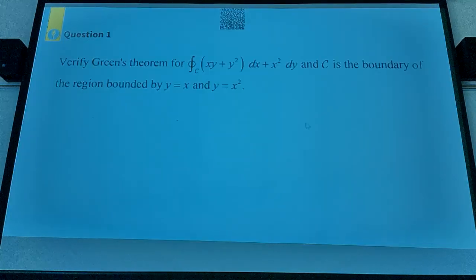So we're going to go ahead and verify Green's theorem. Region, where C is the boundary of the region bounded by x and x squared.